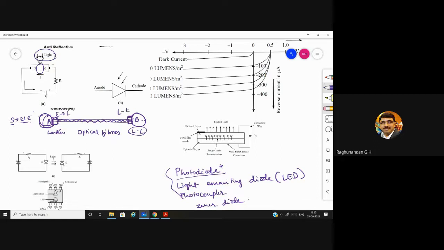Yes, light signal has to be converted to electrical signal. Then that electrical signal will be converted to sound signal. Right? So what we understood is, at the sending end, we need a device which converts electrical signal to light signal. At the receiving end, we need a device which converts light signal to electrical signal.